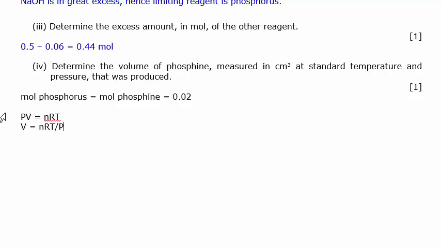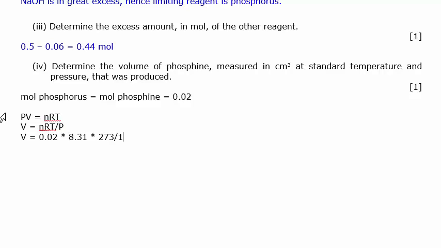Now at standard temperature and pressure, I could cheat here. I could say, well, I know that the molar volume is 22.7 litres. Or else we could go straight forward and calculate it. We could say V equals, well, number of moles, 0.02, times 8.31 times standard temperature, 273, divided by standard pressure.